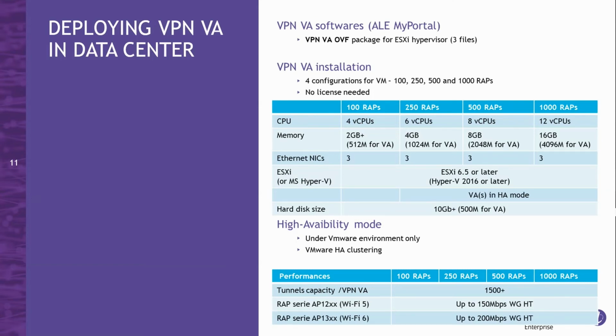If an SXI server is required, whether it is SXI in the data center or on an appliance, the server must support at least SXI version 6.5. The high availability mode of the VA is only available under a VMware environment, supporting the VMware HA clustering features. It is recommended to deploy a VPN VA in HA mode for configurations exceeding 250 RAPs.